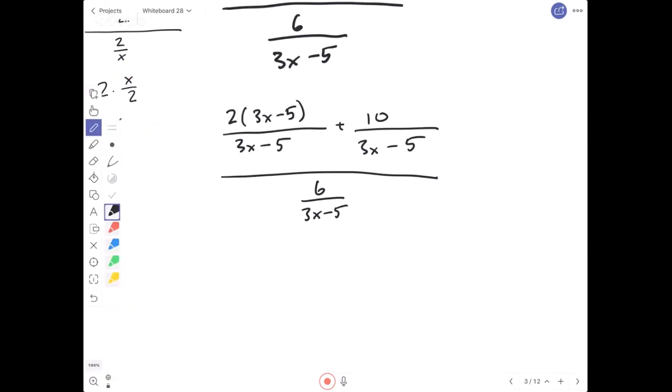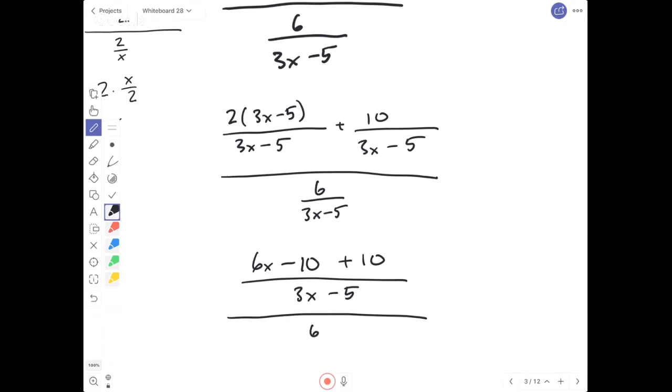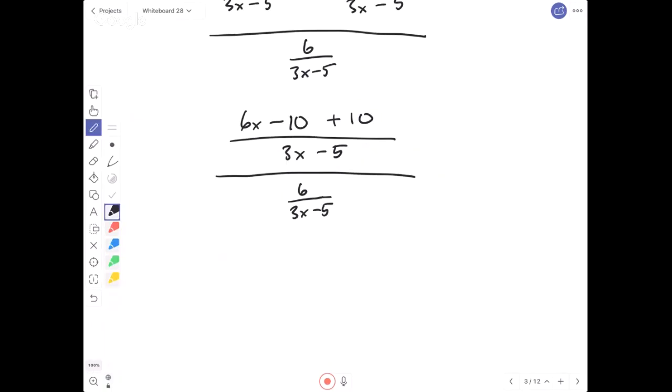So I've now got 6x minus 10 plus 10 over 3x minus 5, all over 6 over 3x minus 5. It's looking good. So 10 and 10 can cancel. So 6x over 3x minus 5, invert and multiply, times 3x minus 5 over 6. Cancel, cancel, cancel, cancel, gives me just x.